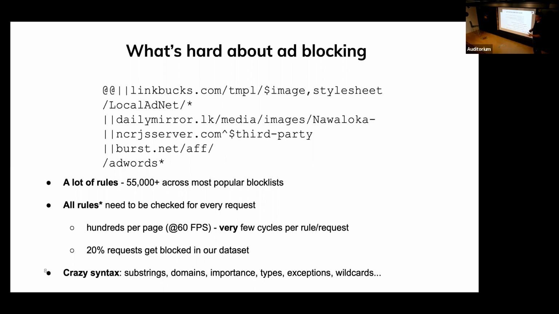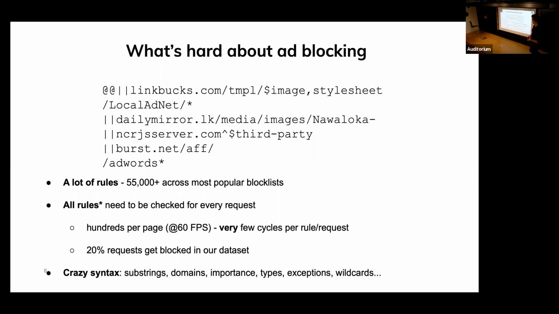So that's why you need to be fast. This is why these microseconds matter. And it's also not a tiny part of the work the browser needs to be doing, because in our experiments, something like 20% of requests on common popular pages get blocked. On some pages, of course, more, on some less.